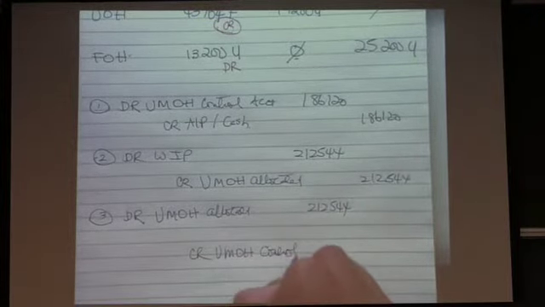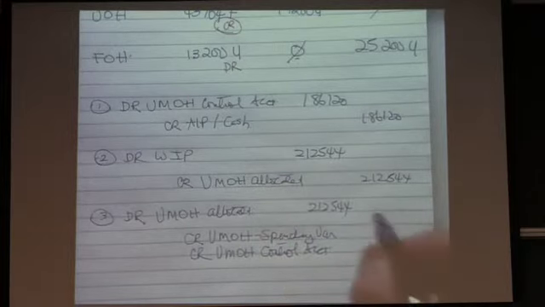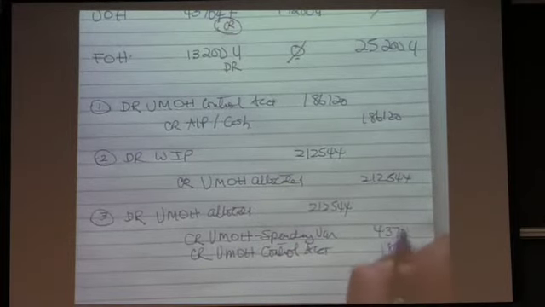So I'm going to credit variable manufacturing overhead spending variance, a credit of 43,704. And I'm going to debit variable manufacturing overhead efficiency variance.